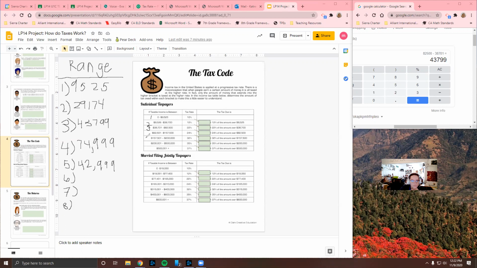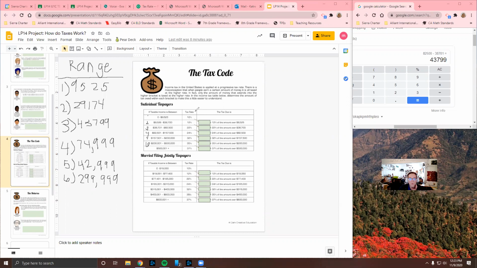So 3, 4, 5. The sixth range has a difference of 299,999. I found these ranges just by subtracting my ending number in the range minus the beginning number. The nice thing is we don't have to worry about the range for this last group. So there's 1, 2, 3, 4, 5, and 6, just so you can see where they lined up.